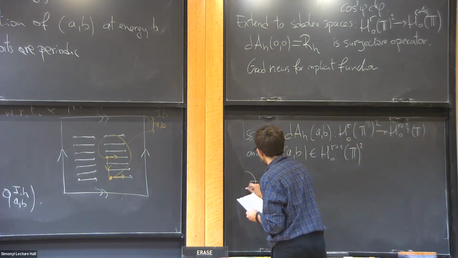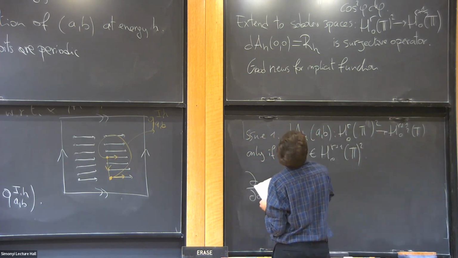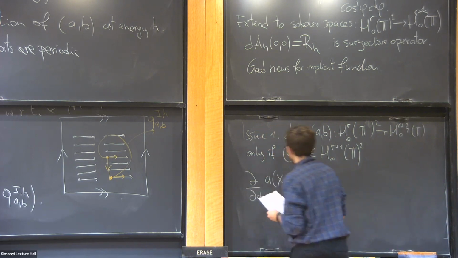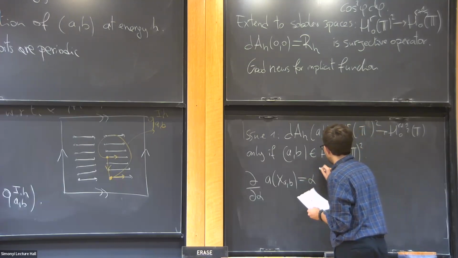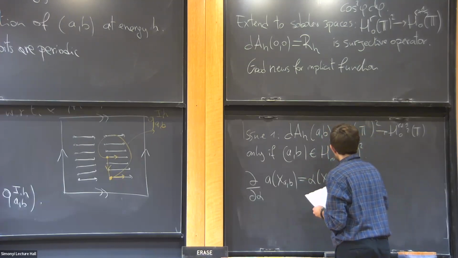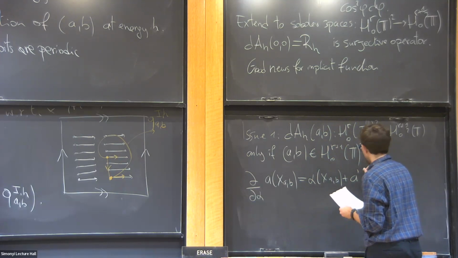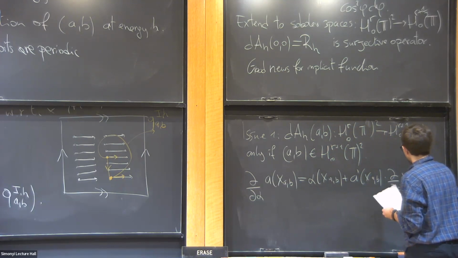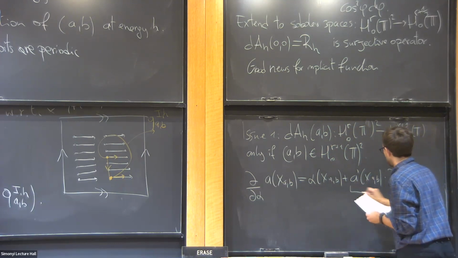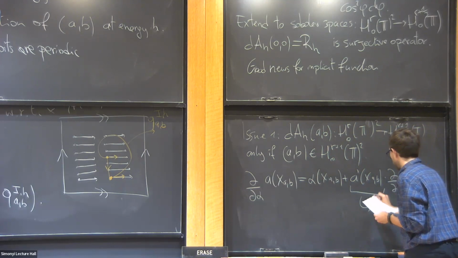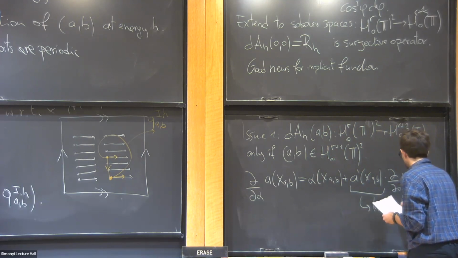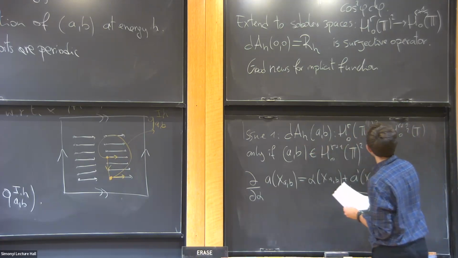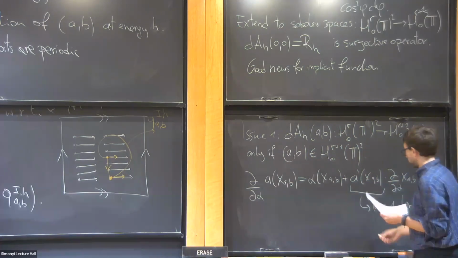If I differentiate that term with respect to A, let me be a bit sloppy, you have a term of this type, alpha x AB, and then A prime x AB, and then the alpha of x. You see here, this loses one derivative. So if you want to go between the same spaces, you need to pay one price here.